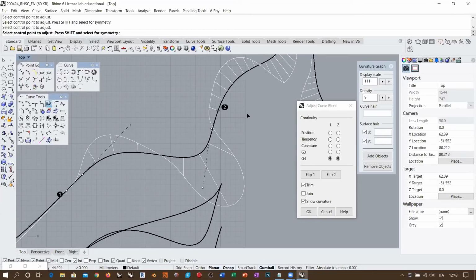Giancarlo, how do you increase the size of the curvature graph? You can't. Because in this moment, this is something that is happening automatically. If you want, you can tweak the position of the control points. In that case, for example, let's disable the snaps here.